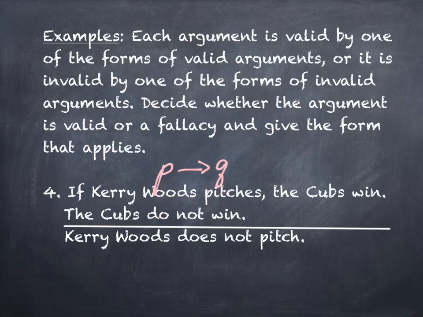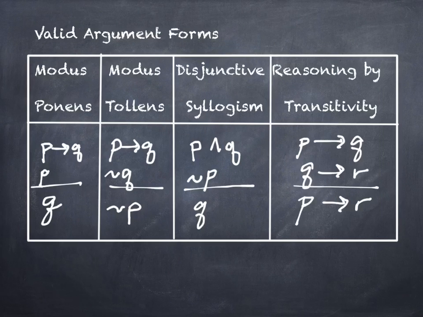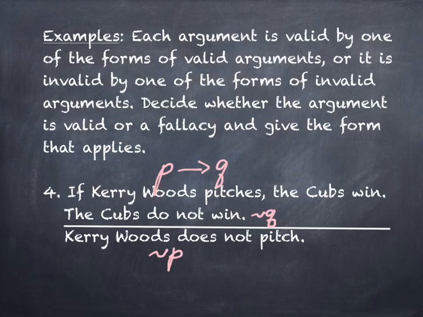Then it tells us the Cubs do not win, which would be tilde Q. And then we've got this line, and the statement at the bottom says Kerry Wood does not pitch, which would be tilde P. So if we're taking a look at P implies Q, and then tilde Q, and then tilde P, and we flip back over here, that actually matches exactly with modus tollens, which is a valid argument form, meaning that this is valid.